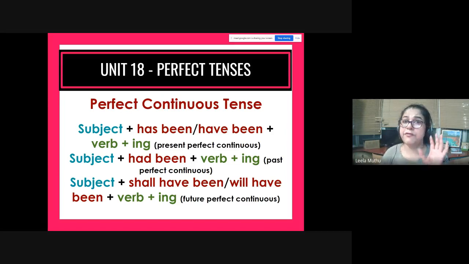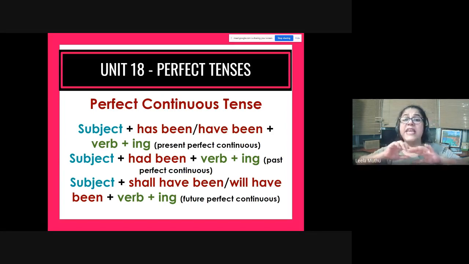Now you have the future perfect continuous. It's the subject plus shall have been or will have been plus the ing form of the verb. I shall have been running. You shall have been running. You will have been running. Then he, she, or it will have been running.